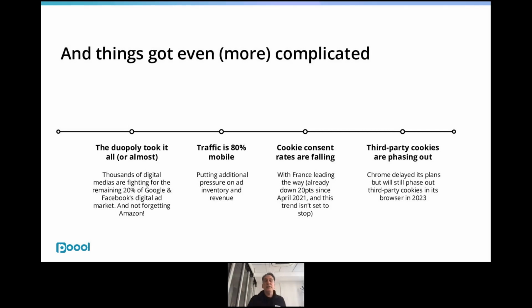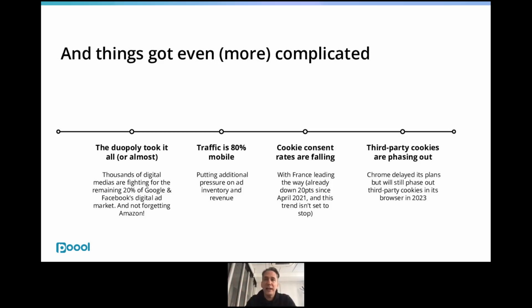That's getting tougher, even more complicated, because if you look at the ad revenue, publishers and digital natives are fighting for pennies compared to Google and Facebook. As you know, Google and Facebook are capturing 80% of the ad revenue in digital, and 20% is split across the whole ecosystem: publishers, networks, blogs, anyone.